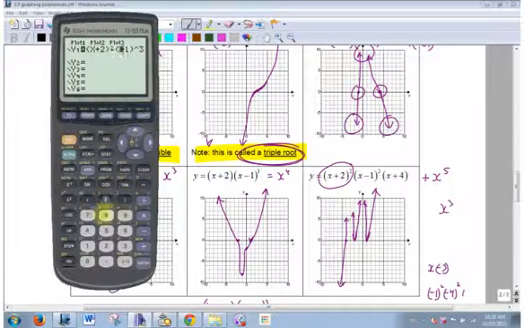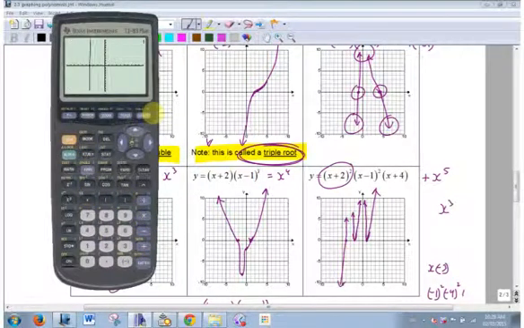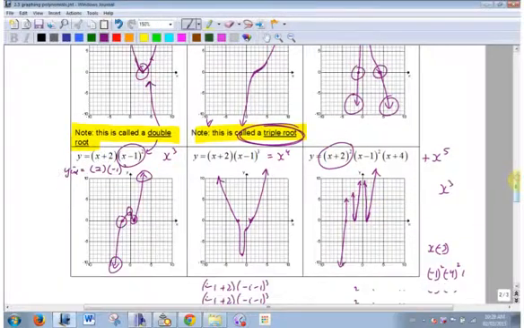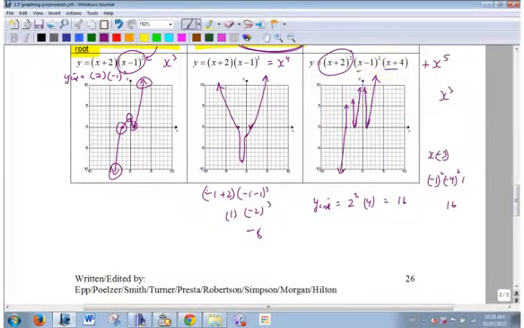Squared, bracket, x minus 1 squared times x plus 4, looks the same, right? Okay, so x to the 5th power can have lots of different zeros.